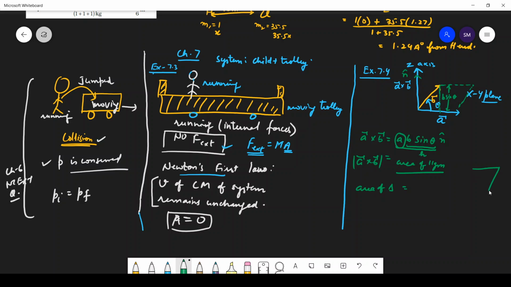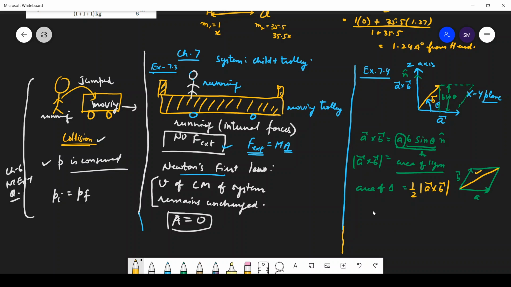This was your parallelogram, this vector A, this vector B. The area of this figure will be half into the area of this parallelogram. So that is the area of a triangle. Okay, so this was one way of doing it.